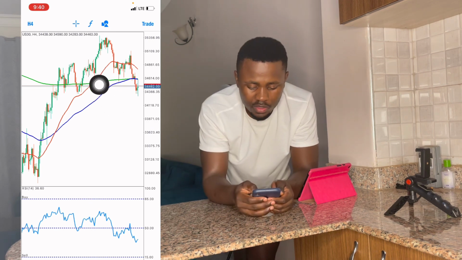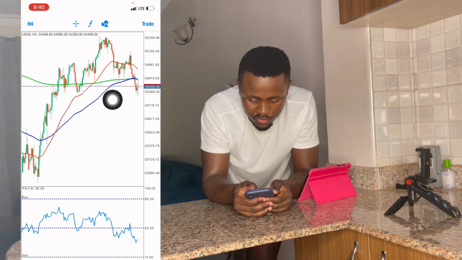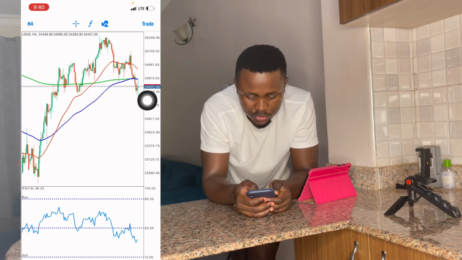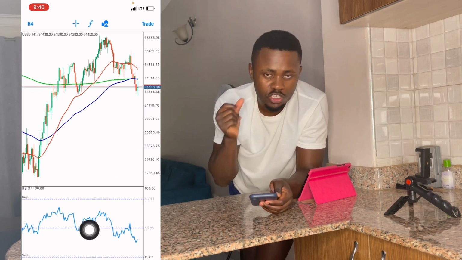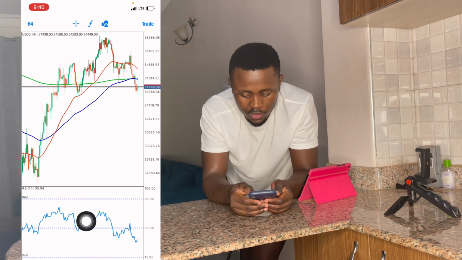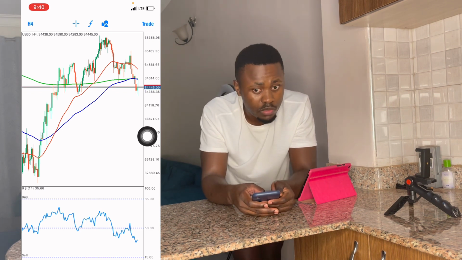That would be an indication that the market was still going up. As you can see, the market went up crazy. So you take a trade for still 10 pips, 20 pips, guys, but you still have to make sure that on your RSI the buying momentum is too much.